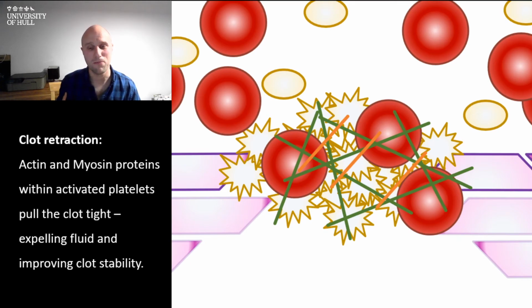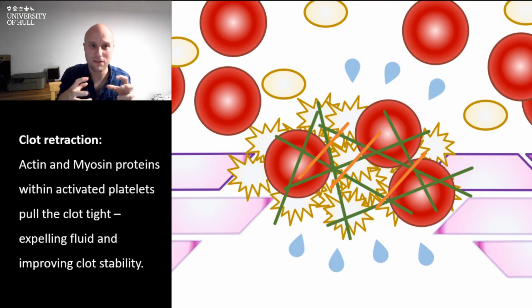Now, your platelets are responsible for something called clot retraction, and what that means is that within the platelets they've got, similar to your muscle fibres, actin and myosin proteins that can pull together, and that will pull the clot nice and tight and make it more stable, which is good, but also squeeze out any liquid, any plasma or water that's trapped within that clot, and dry it out a bit and help improve its stability, and also bring all those clotting factors and the surface of the platelets close together.